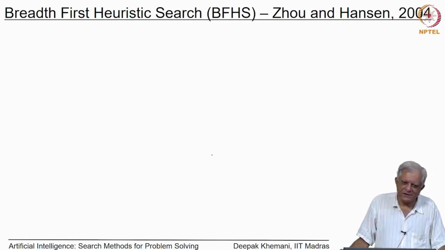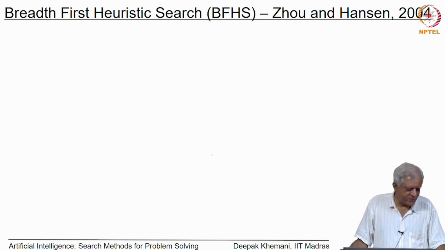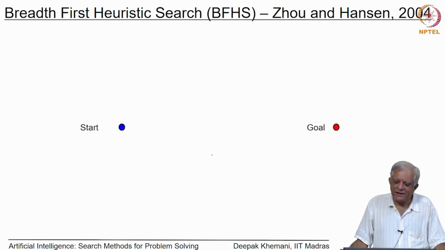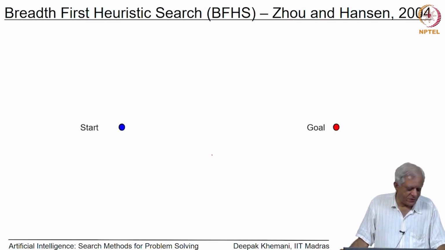The title sounds a little bit like a contradiction in terms, because on the one hand we are saying it is a breadth first search, and on the other hand we are saying it is a heuristic search. But it is quite interesting to see, and let us see what they meant by this. So, let us get back to our search problem and see, if you are doing breadth first search, then what would your open list look like.